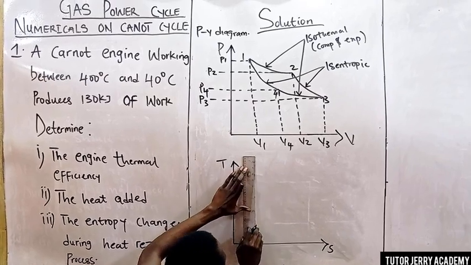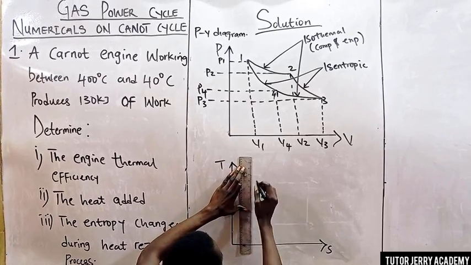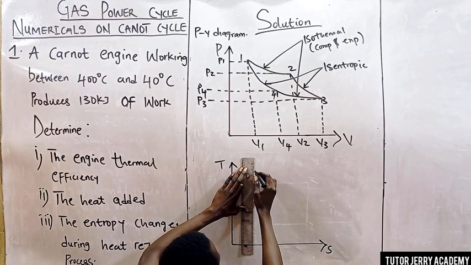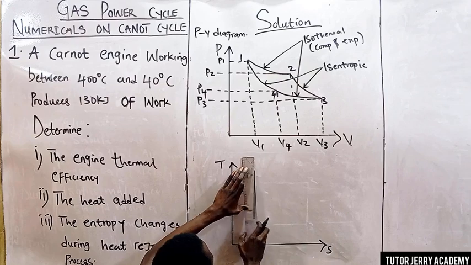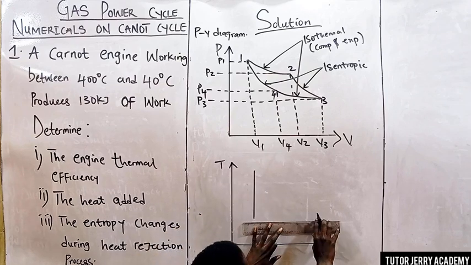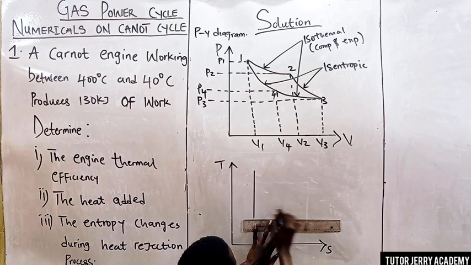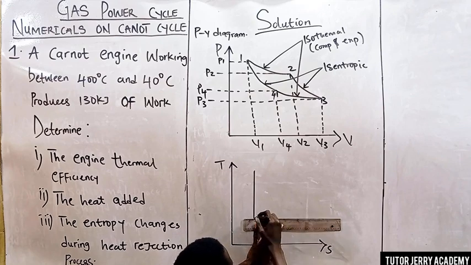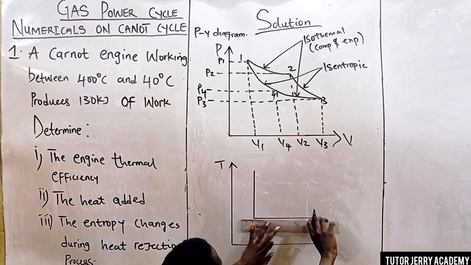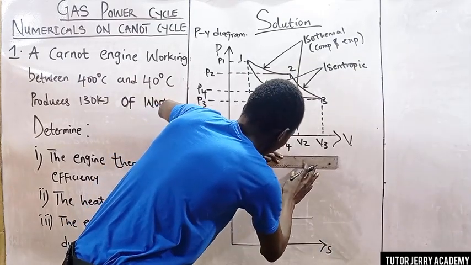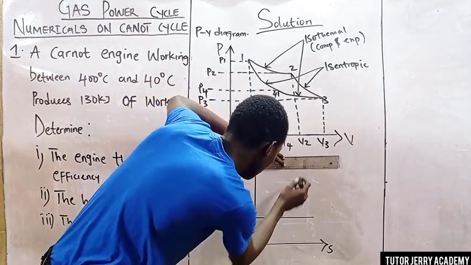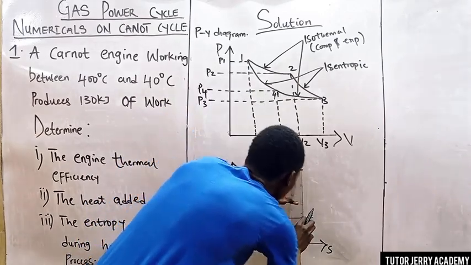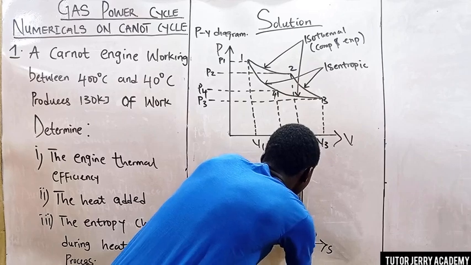Of course, on the TS diagram of a Carnot cycle, the stages are represented by straight lines. So I have a straight line here, I have another here, I have another line here, and lastly another.